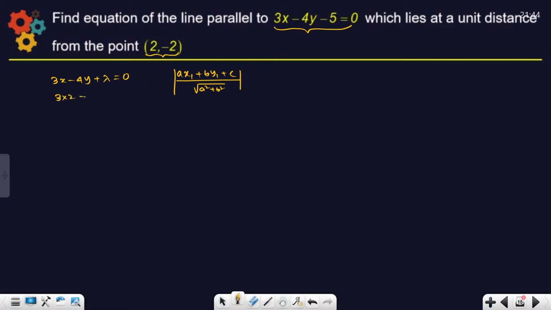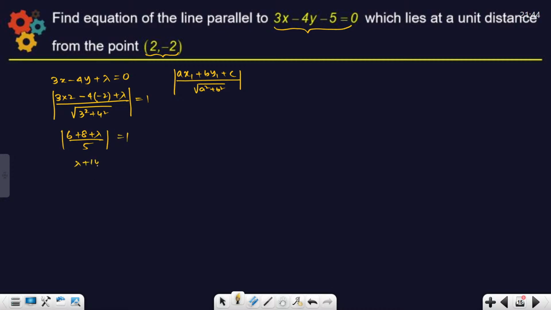So the perpendicular distance will be |3 into 2 minus 4 into -2 plus lambda| divided by root over 3 square plus 4 square. You must give a modulus sign because perpendicular distance is always positive. Any distance is positive, which equals 1 according to the given question. So we have |6 plus 8 plus lambda| over 5 equals 1.